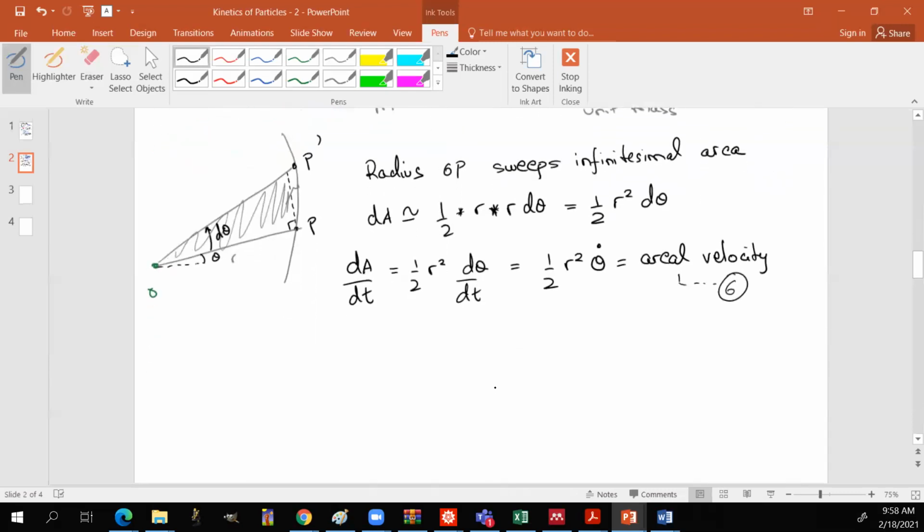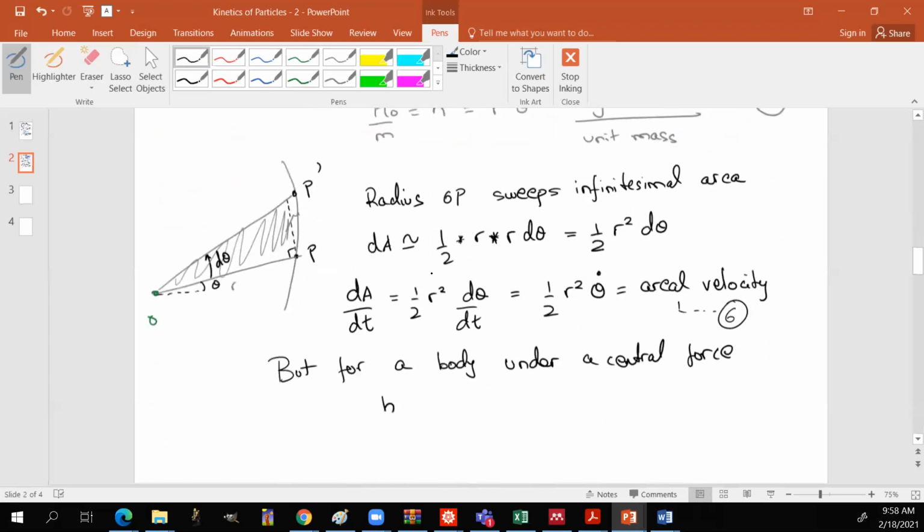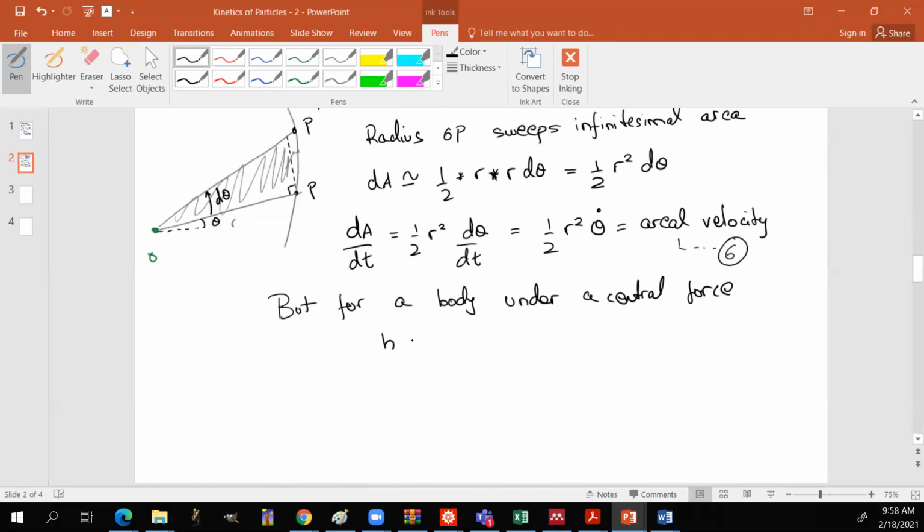But now, when we're looking at celestial bodies, you're always under a certain force. So for a body under a central force, we saw that the angular momentum per unit mass was constant. So the small h, which is equal to r squared times theta dot, is equal to a constant.